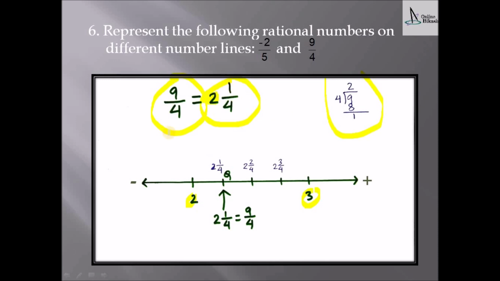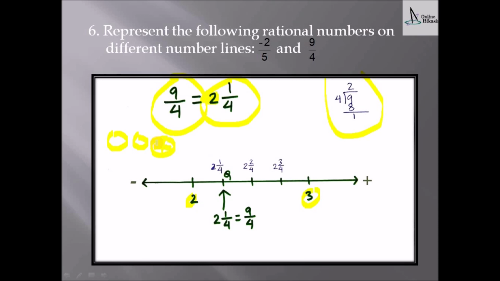Say you have 2 apples, and of the third apple only 1/4 is present. That means on this part you are getting 2 apples in whole and 1/4 of the third apple, and that is called 2 whole 1 by 4.